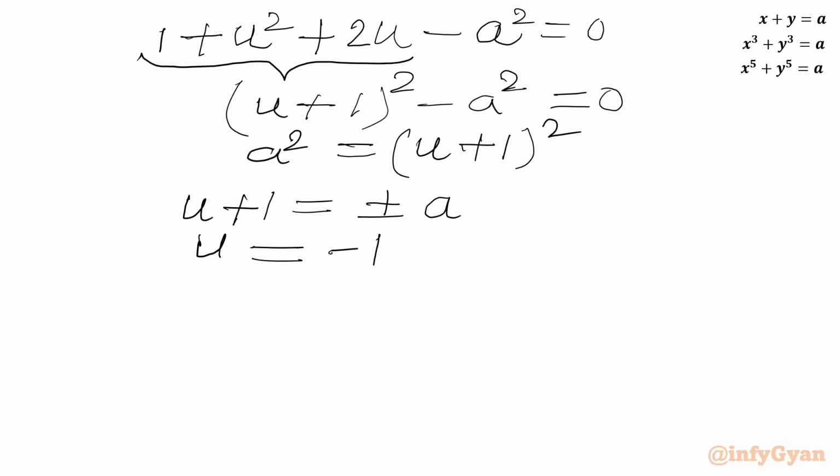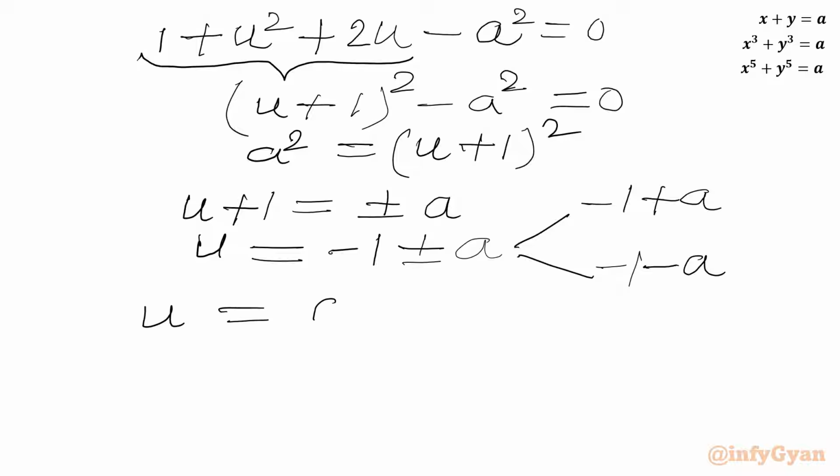Value will be minus 1 plus minus a. So we can write two values, minus 1 plus a, and second value would be minus 1 minus a. So I can write u will be equal to a minus 1 or minus of a plus 1.